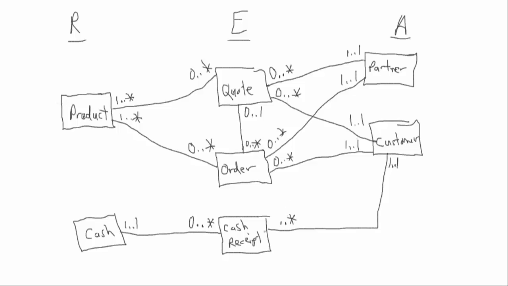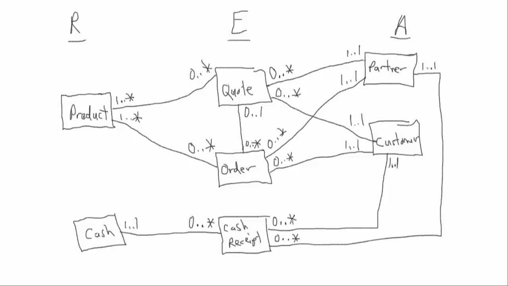And in our business, we are also going to associate the cash receipt with the supplier, the partner. So in that case, the relationship would be the same. Each cash receipt that comes in is going to be associated with one partner. And we may never get a cash receipt, or we may get many associated with that business partner.